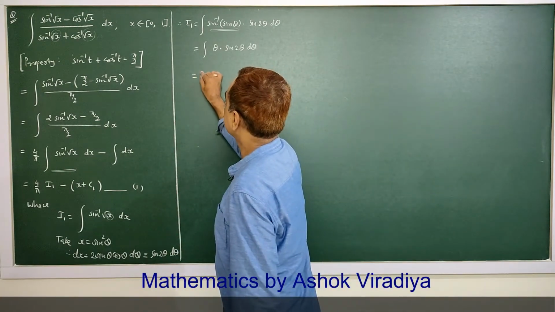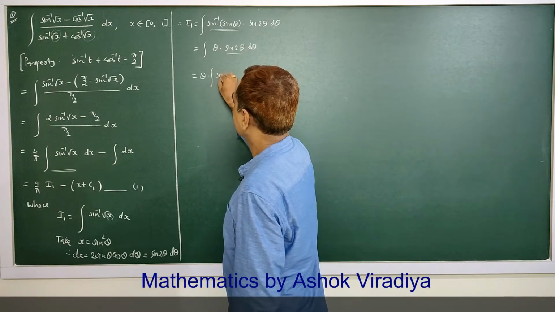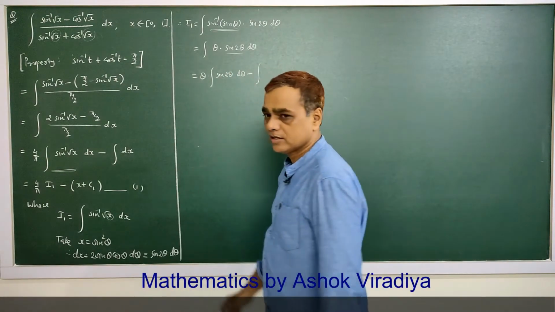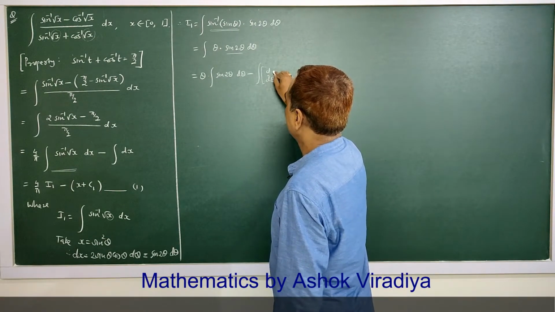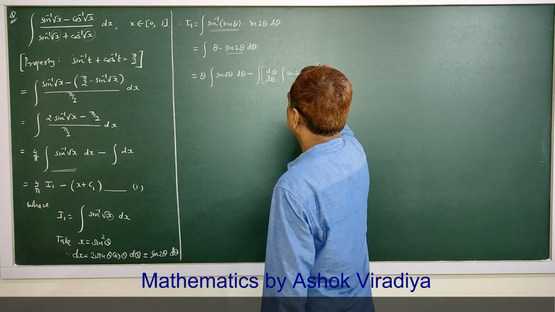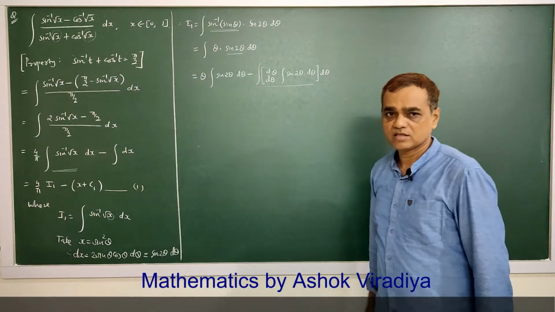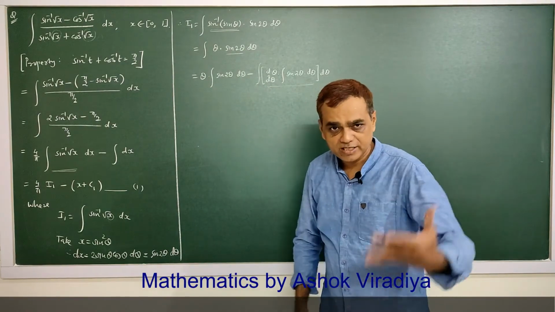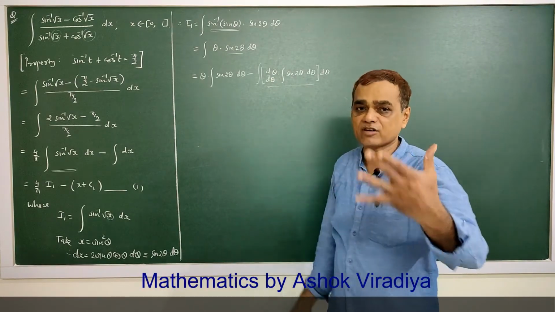So u as it is, integral of v with respect to theta, minus integral of box with respect to theta. In the box we put the derivative of the first function into the integral of the second function.